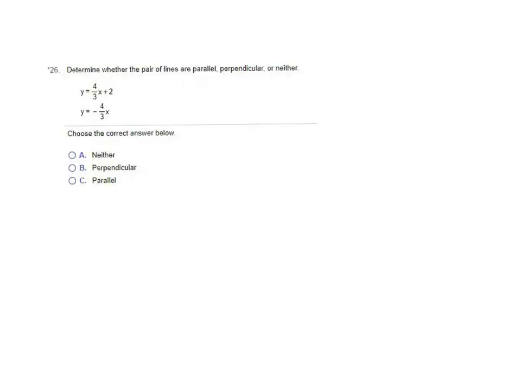Determine whether the lines are parallel, perpendicular, or neither. If we look at this, we can see that our slopes are 4/3 and negative 4/3.